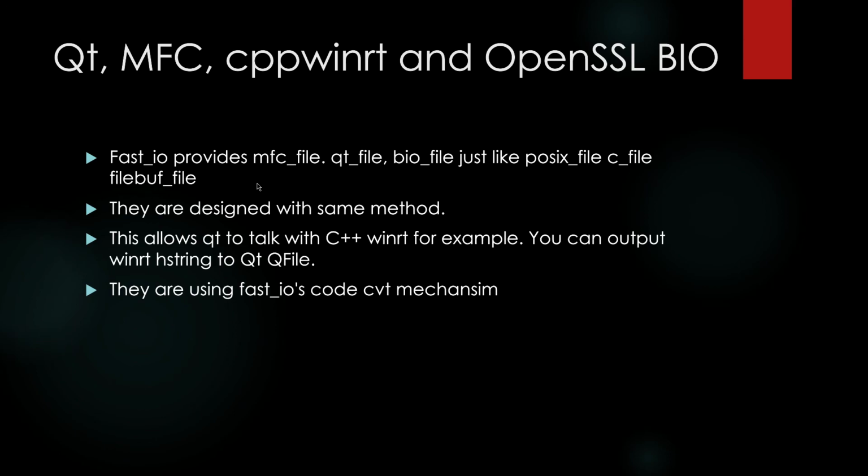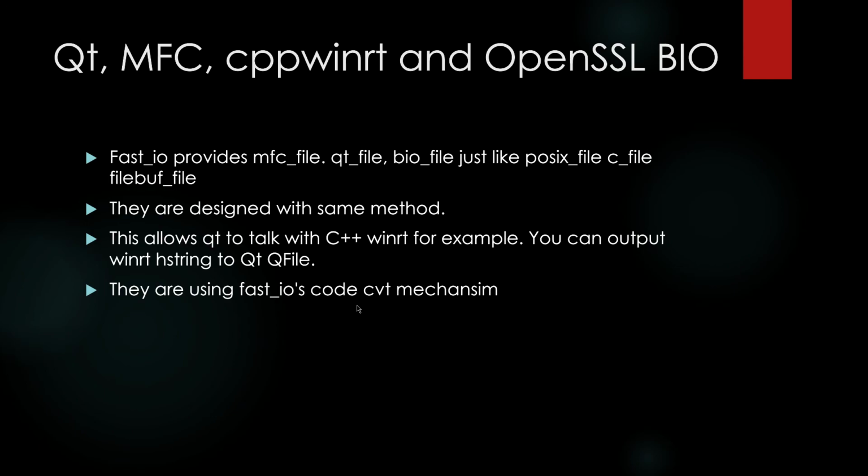So you can even output C++/WinRT hstring and Qt file, but I think Qt won't compile with C++/WinRT. And you know, WinRT hstring and Qt file are all using 16-bit, char16_t as the implementation.